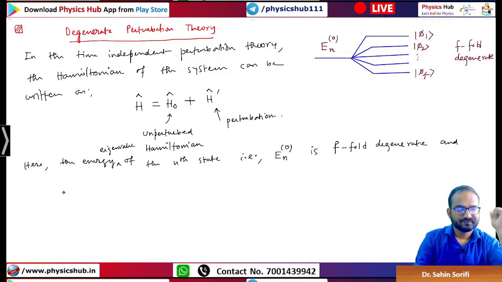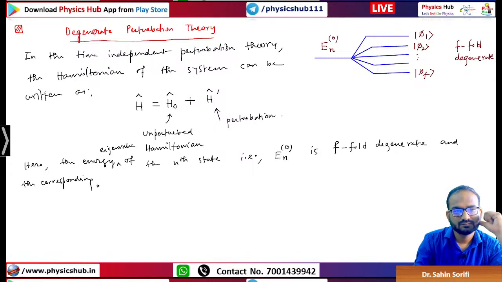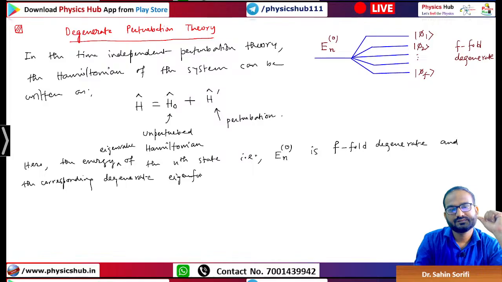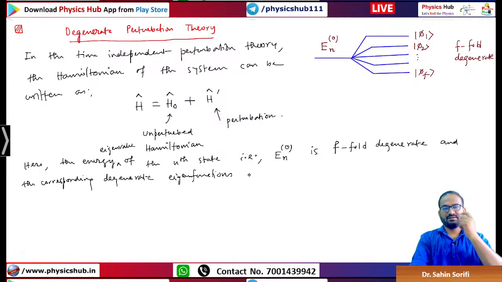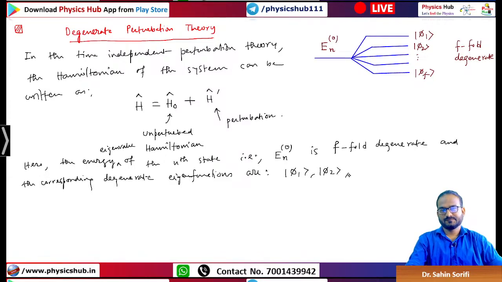The corresponding degenerate eigenfunctions are phi 1, phi 2, phi 3 and so on up to phi f respectively.